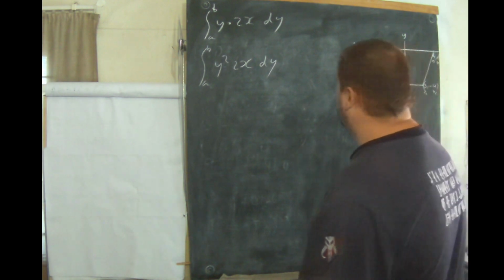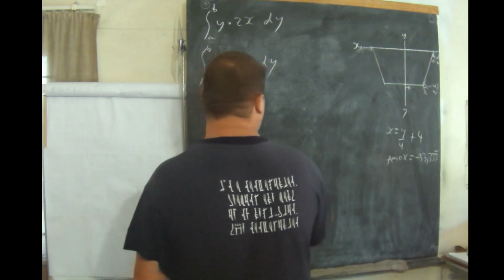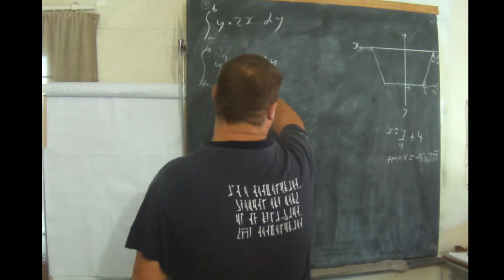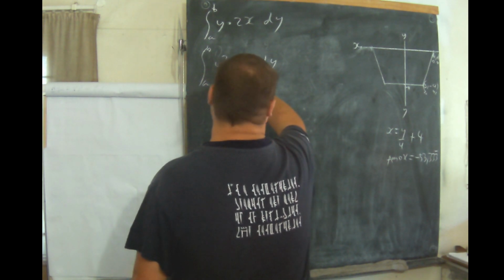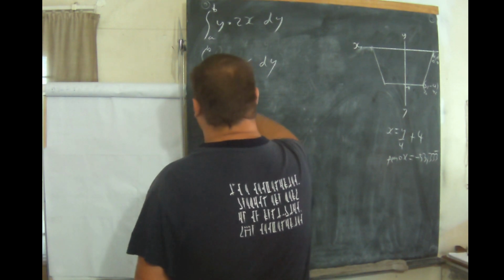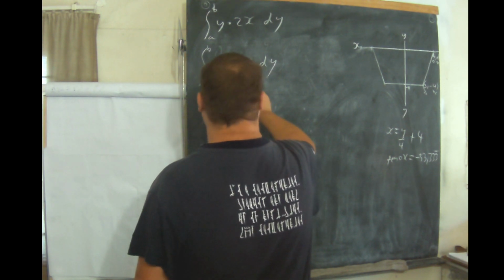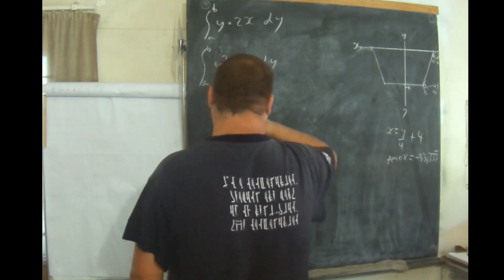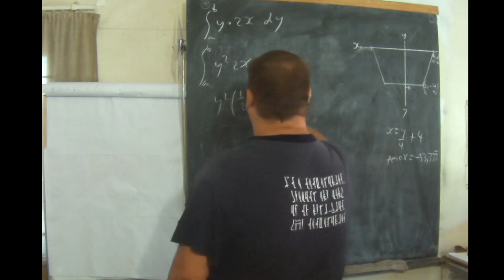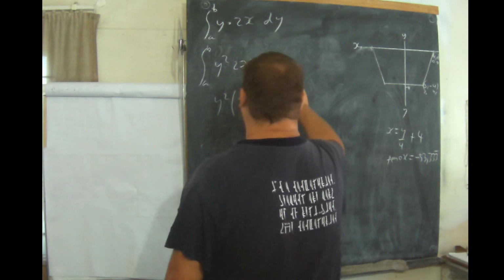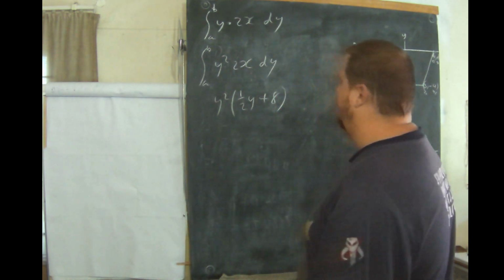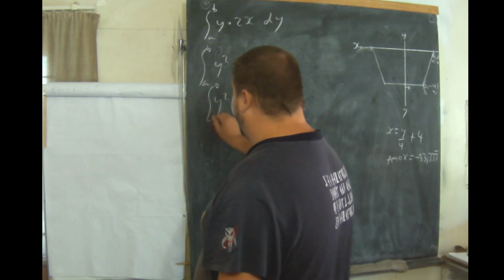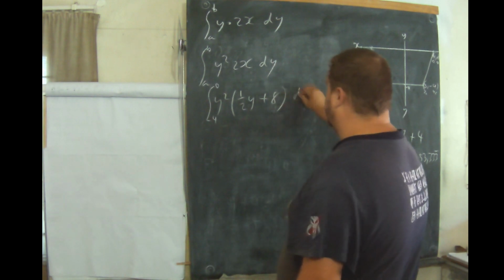Alright, so our next part, y over 4 times 2 is y over 2. So y squared times 1/2 y plus 2 times 4 is 8. And we're left with this, and this is 0 and minus 4, and that's dy.